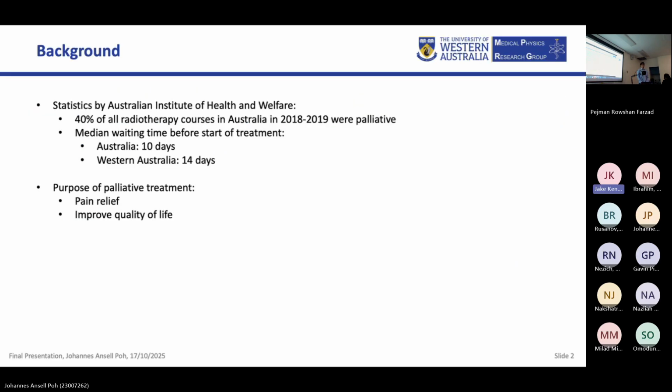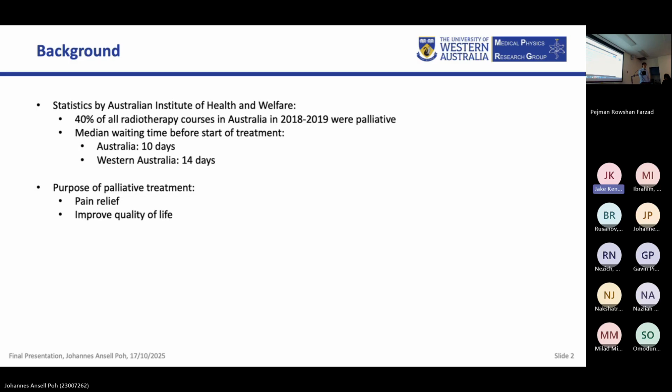I would like to start my presentation by giving you a bit of statistics. In Australia, there's quite a significant percentage of palliative radiotherapy courses, which is shown by the statistics by the Australian Institute of Health and Welfare, where 40% of all radiotherapy courses in Australia in 2018-2019 were palliative.